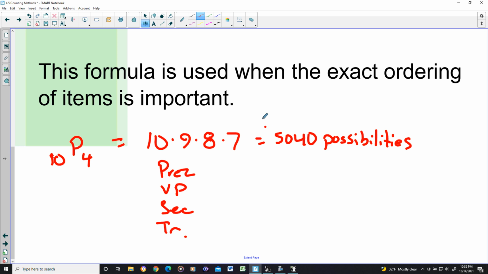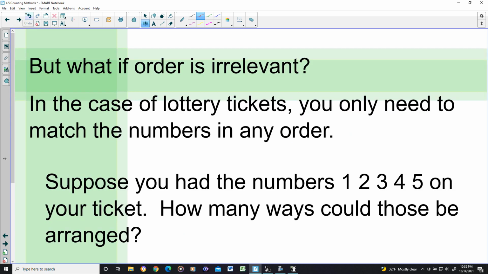In practice, though, this is one of the few situations where order is actually important. In many cases, the order is not important. We just want to know how many different possible groups we can get. In the case of lottery tickets, you only need to match the numbers in any order.